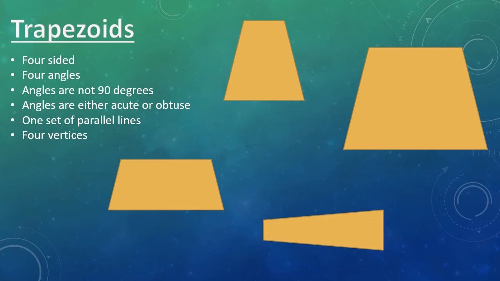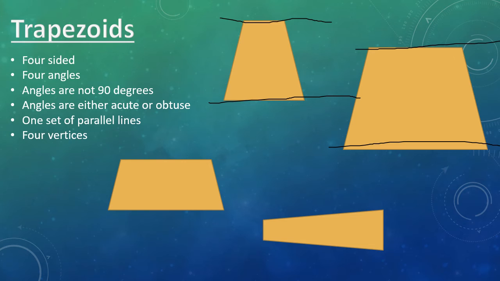The angles are either acute, less than 90 degrees, or obtuse, more than 90 degrees. And trapezoids are different from the rest of their quadrilateral friends because they only have 1 set or pair of parallel lines.